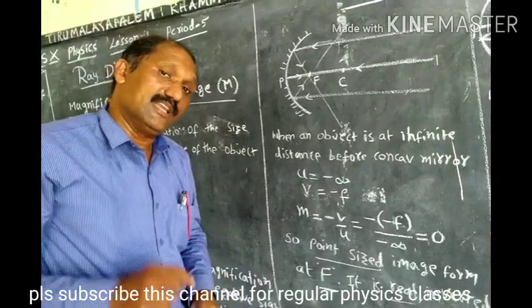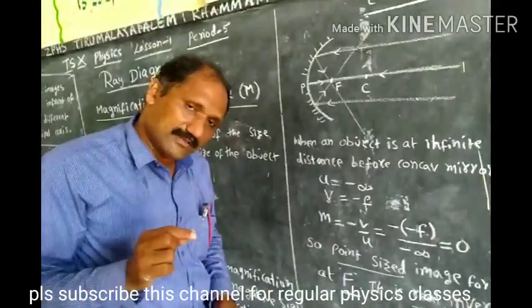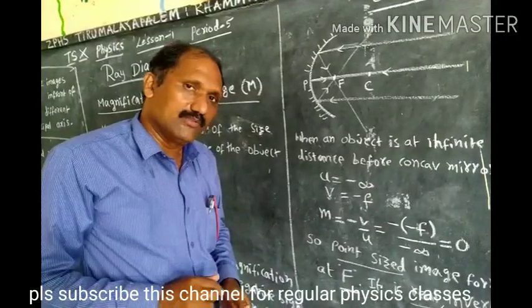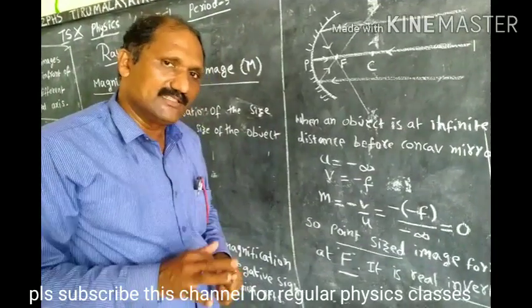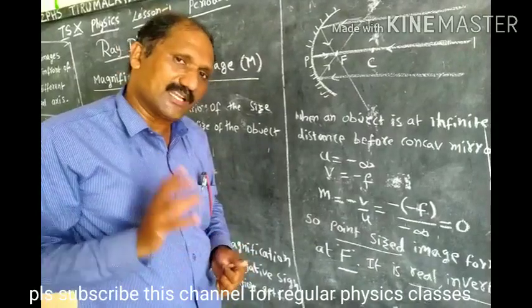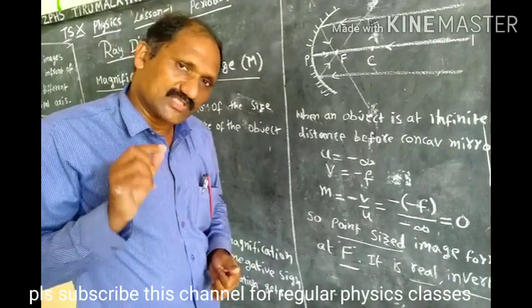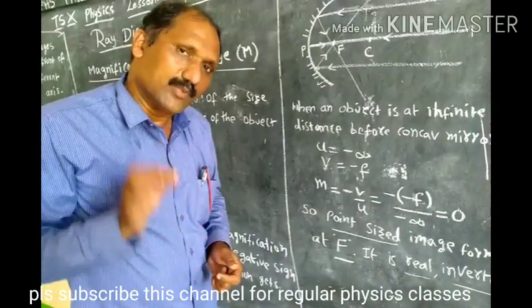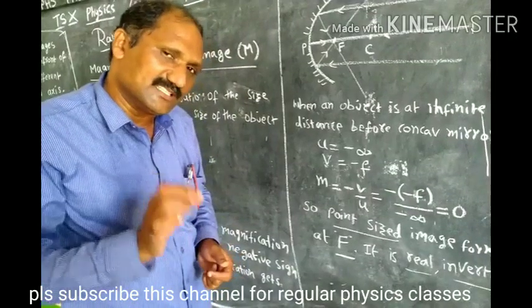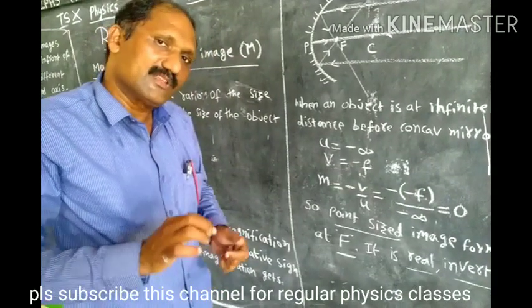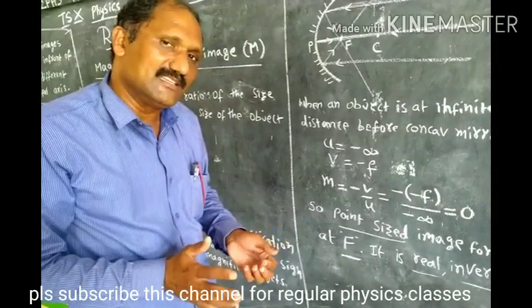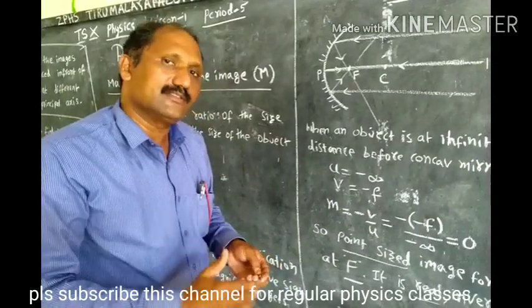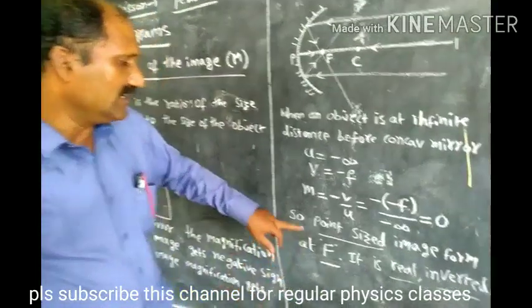So point size. Here the properties of the image we have to keep in mind. Whenever in an examination the properties of the image are asked, we have to write 4 points. What are they? First one, size. Second one, position. Third one, whether it is real or virtual. Fourth one, whether it is inverted or erect.